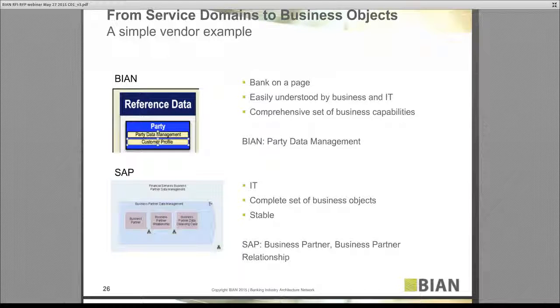Most simple example I always feel is party data management. So there's one service domain, party data management within BIAN, which is part of this bank on a page. Everybody can easily understand that, and I think party data management is quite easy to understand, and there's a nice and comprehensive description for that.